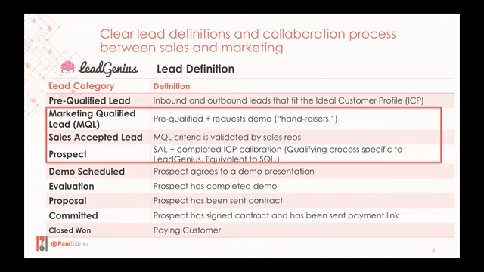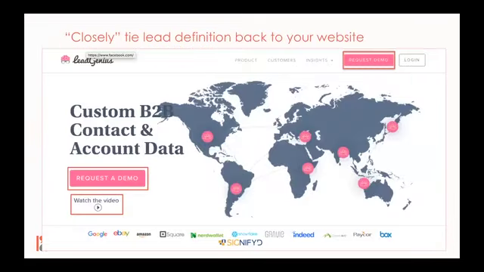And they tie that actually with their online experience. So if you go to the Lead Genius website, you can see that the MQL is top priority for their website. On the top right-hand corner, you can see request demo. Why? Because that is an MQL and it fits the MQL definition.